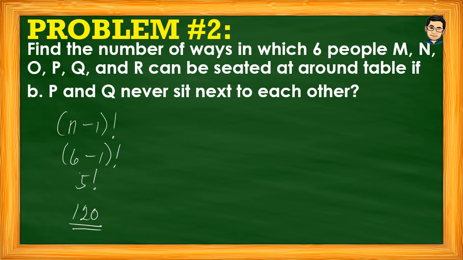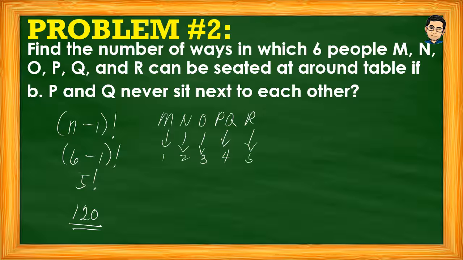So ang kailangan nating gawin, kunin natin yung ways na magkatabi sila. So i-consider natin yung sagot na nakuha natin kanina. Sulat lang natin ulit: M, N, O, P, Q, R. So ito 1, 2, 3, and then iti-take natin si P and Q as 1, 4, and then R, 5.